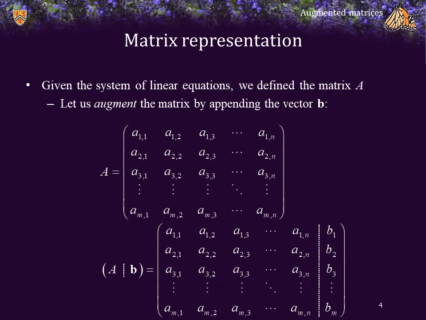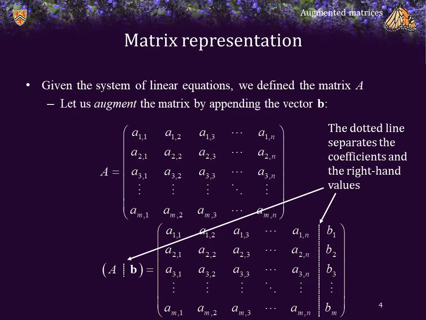Let us subsequently augment that matrix by appending on the right-hand side the vector b. So the notation here is as follows. The matrix A is already a matrix. However, the dotted line indicates that we are now going to append, in this case, a vector b to the right-hand side of the matrix.